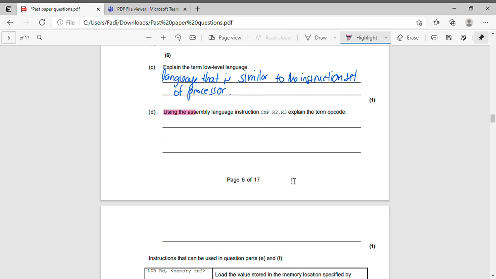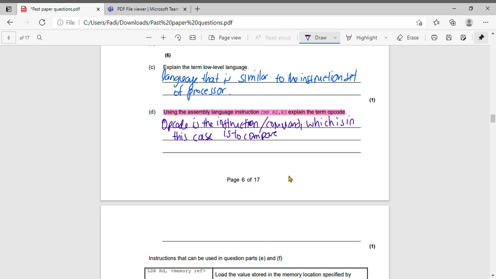Let's carry on. Using the assembly language instruction, let's explain the term opcode. Now, opcode is the instruction or command, which in this case is compare, to compare the values stored in R2 and R3.